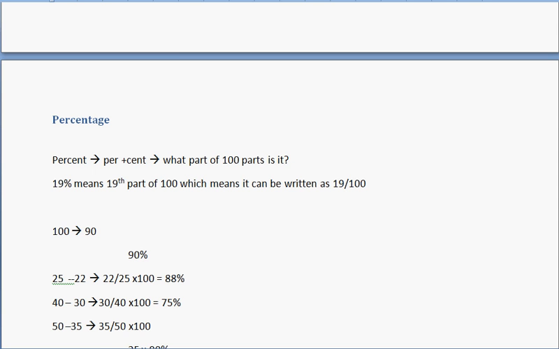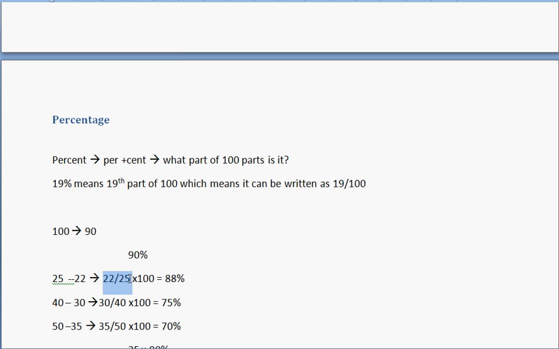Had it been 100, he would have got 70%. Now we can easily compare that this guy has got more marks than these two guys. So if we say A, B, C, A has more marks than B, B has more marks than C. So that's why we write them in percentage, so that we can compare, right?